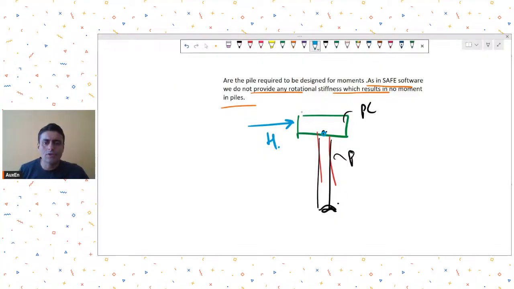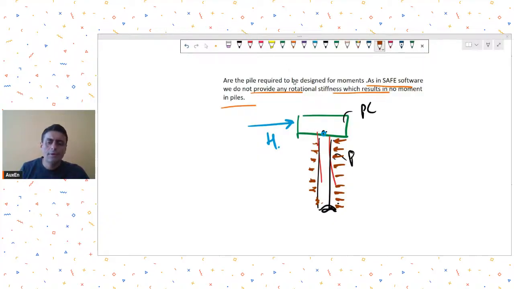Now, because of this horizontal movement, what will happen? Assuming my pile, of course, is in the soil. If I had a continuous lateral restraint from the soil below, practically would there be any movement? What do you think? If my pile was continuously supported throughout its length by soil, will there be any bending moment in the pile?